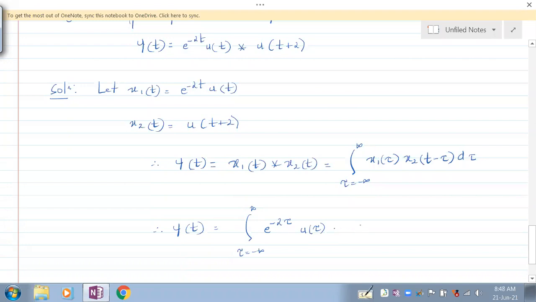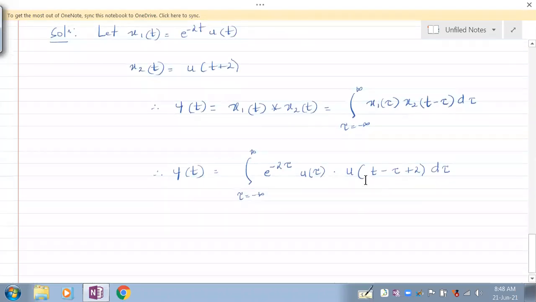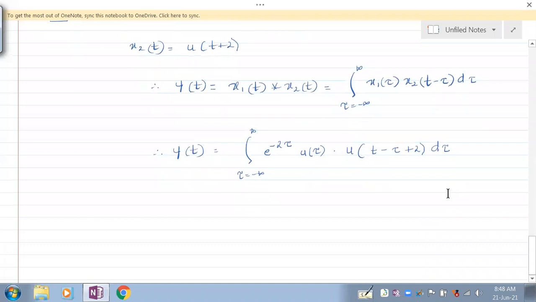And the second signal is u of t plus 2, in which t needs to be replaced by t minus tau. So it becomes u of t minus tau plus 2 d tau. Now, how do you write this signal, anybody? How would you write the second signal so that the sketching becomes easier?